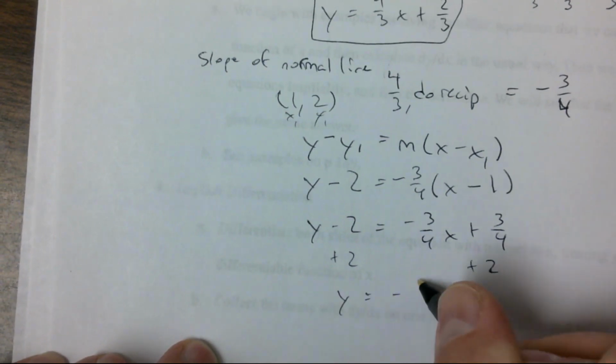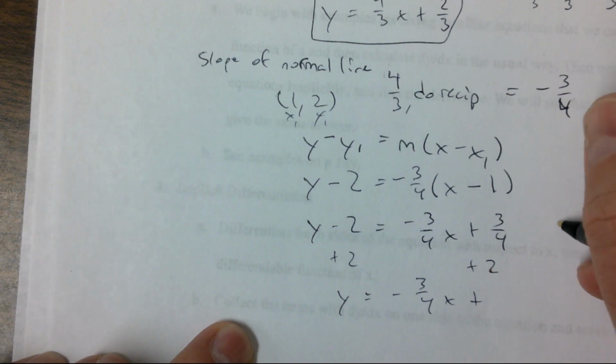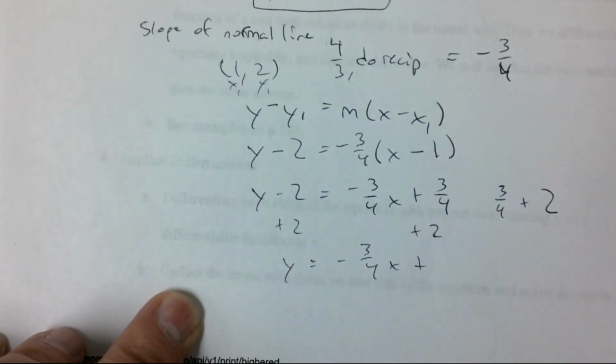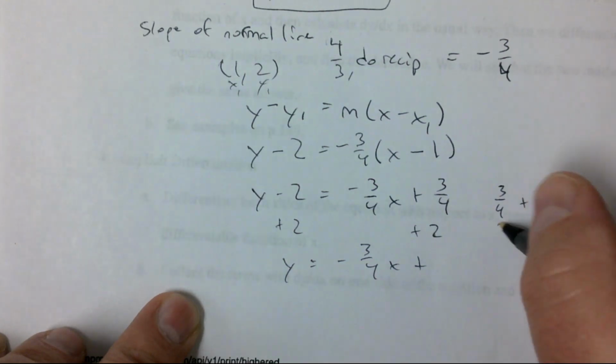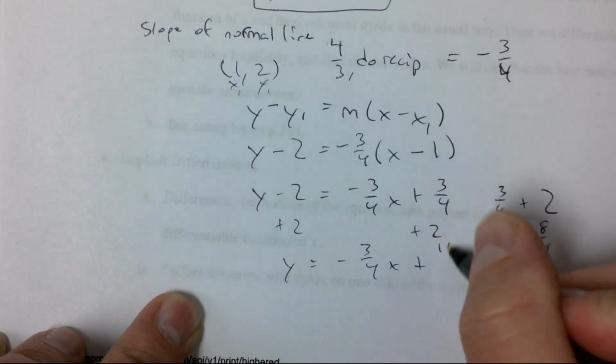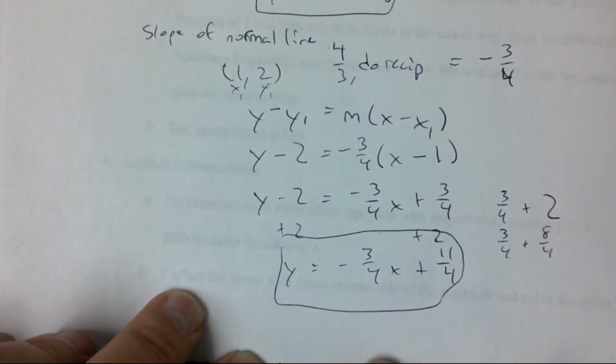So we have negative 3/4 x plus, if you have 3/4 plus 2, that's like saying 3/4 plus 8/4, and so that's how you get 11/4. And that is all she wrote.